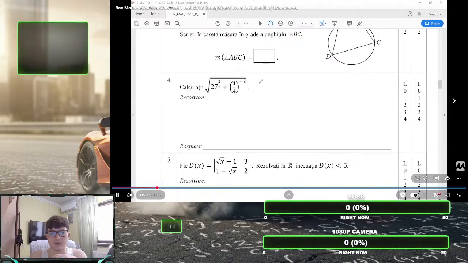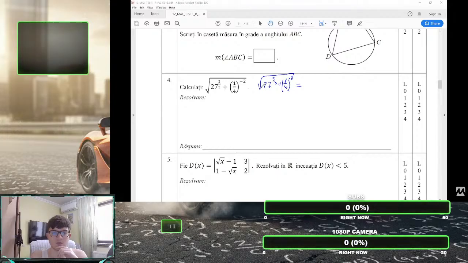Now exercise 4, right? Okay, so this one, like working with the powers and so on. 27, I'd place it as 3 to the power of 3.